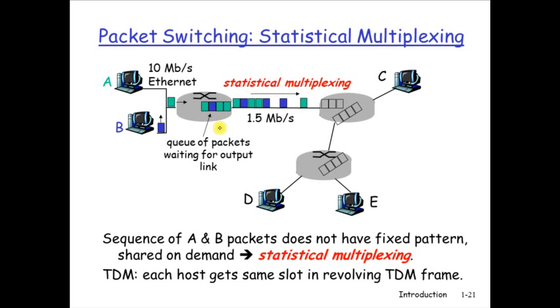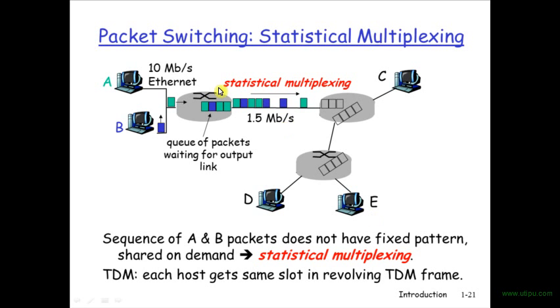But you can see we may have two consecutive packets from A, followed by one packet from B, then one packet from A, then maybe multiple packets from B, and so on. It's statistical, but the actual pattern can be kind of random. Make sense? So this is called statistical multiplexing.